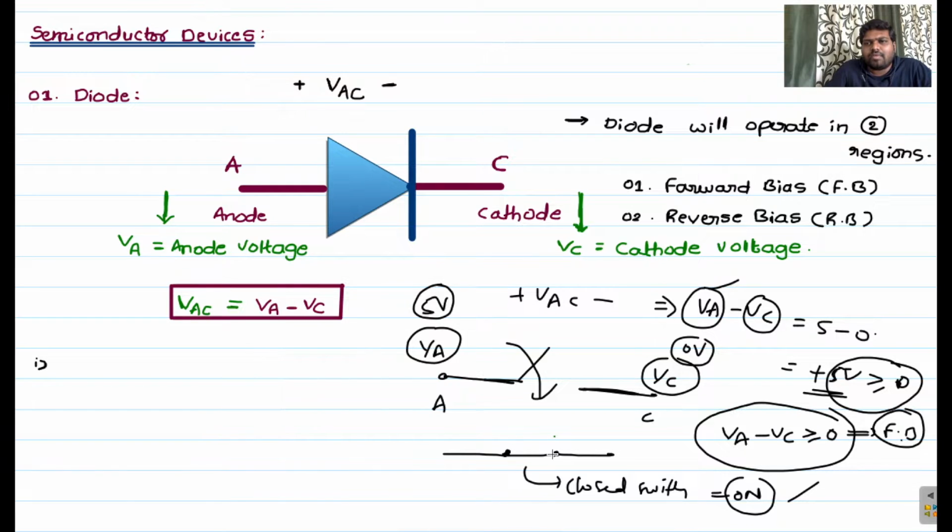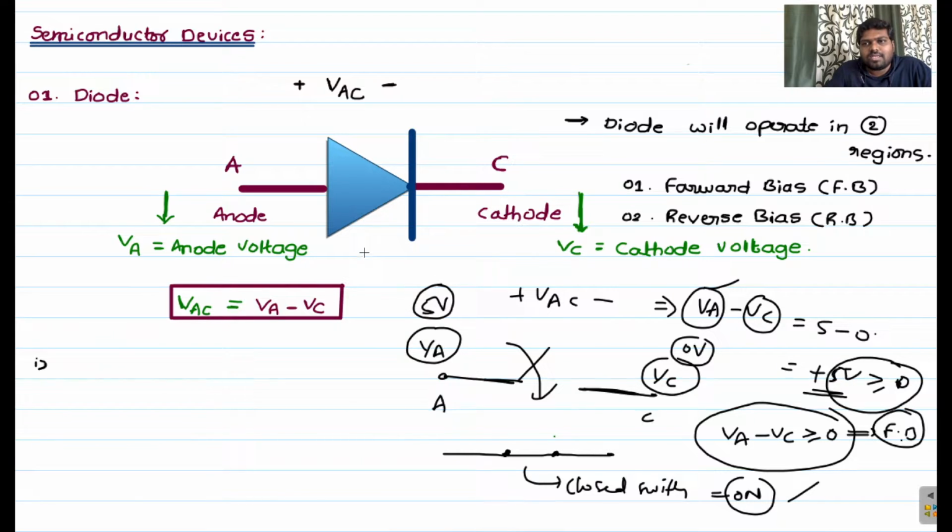Like that there are various regions of operation. If you take a FET also, there are saturation region, cutoff region, ohmic region. We have different regions of operation available, but out of all of those we require only two things, that is on state and off state, on region as well as off region.